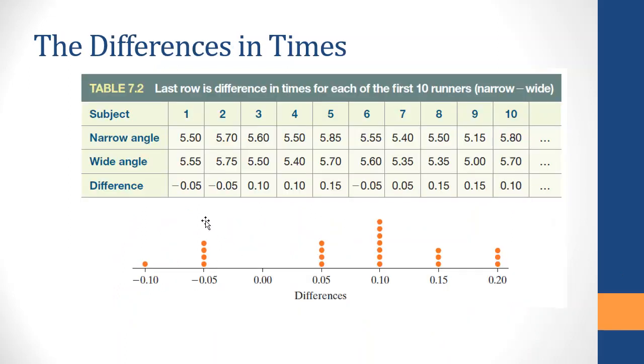So there were five runners that got slower on the wide route, but everyone else got faster on the wide route. Okay? So when I look at the differences, most of them are over here. And so I'm noticing a pattern.